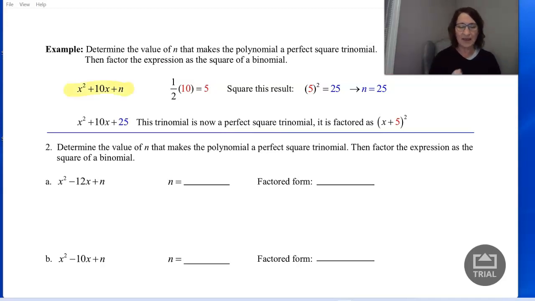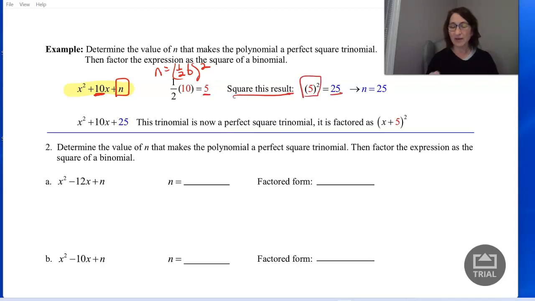Let's start with x squared plus 10x plus n. And so what we're interested in is finding that third term. So to find our n, it's going to be 1/2 times b, squared. Well, our b is 10. So I'm going to take 1/2 of 10, which is 5. And then when I square that, I get 25.